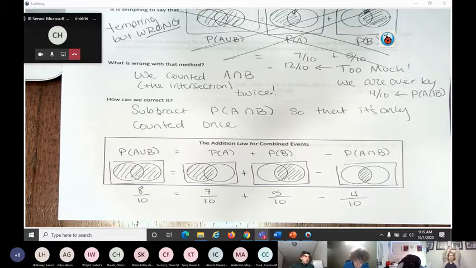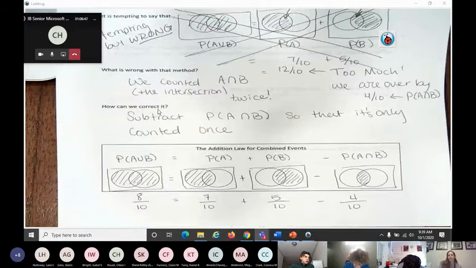Does anybody need me to leave this on this page for a minute or have any questions? So everybody's written it down and there are no questions? Okay.